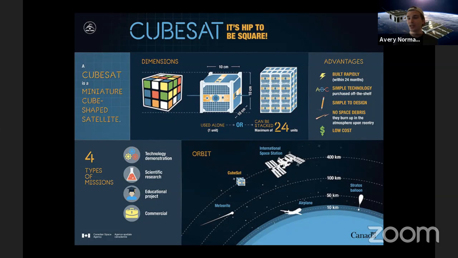Now you have a 2-year timescale to work with in terms of testing out technology that's a little bit lower risk. So again, it's adopted for educational purposes, but we're increasingly seeing CubeSats emerge in scientific research, in commercial spaces, and in industry.